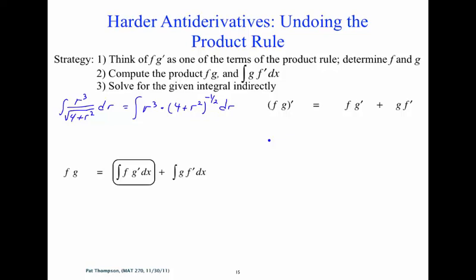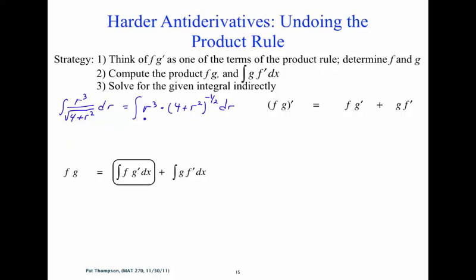And for that g prime, we're going to have to find the antiderivative of it. So which one is f and which one is g prime? Remember, when we pick that g prime, we're going to have to know what the antiderivative is to get g kind of quickly. So that would determine which one we call f and which one we call g prime. What do you think?